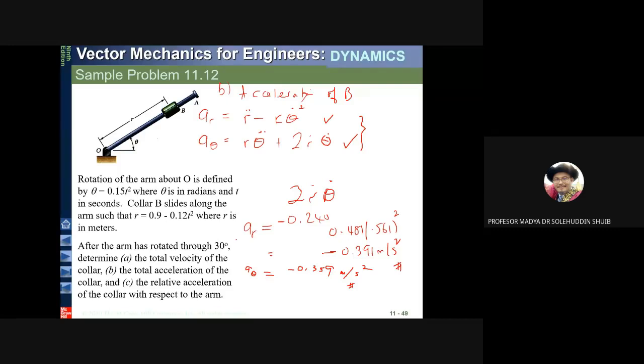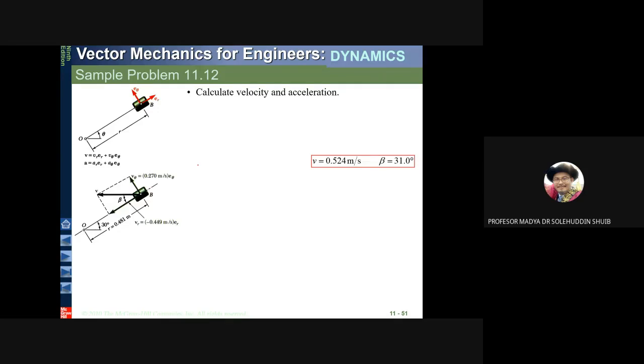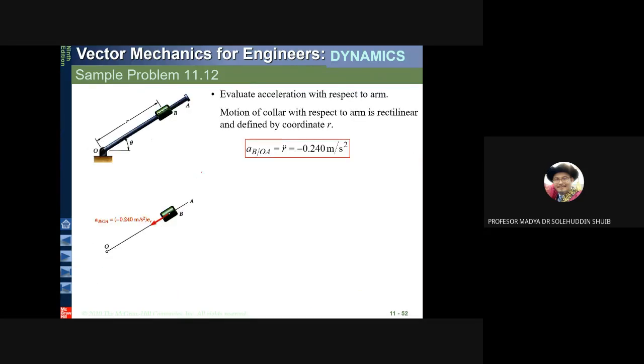Last but not least, what will be the acceleration of B with respect to arm OA? We refer to the figure here. For part C, we want to find acceleration of B with respect to arm OA.